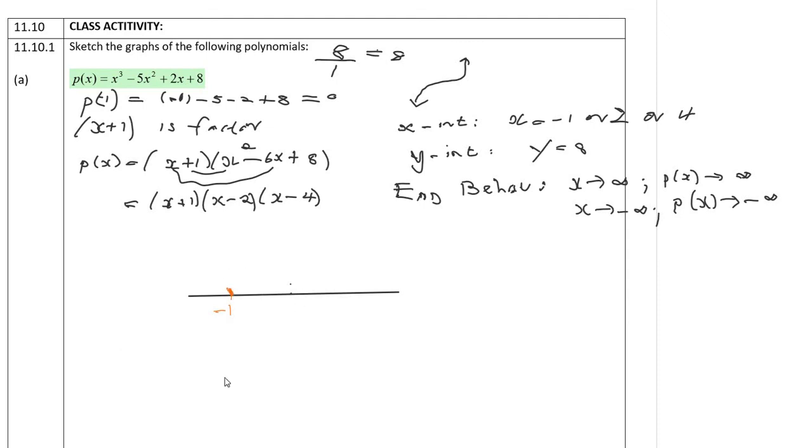I think I just want to have a color that's a bit more clear. Okay, x can be 2. And x can be 4. Okay, so check now.